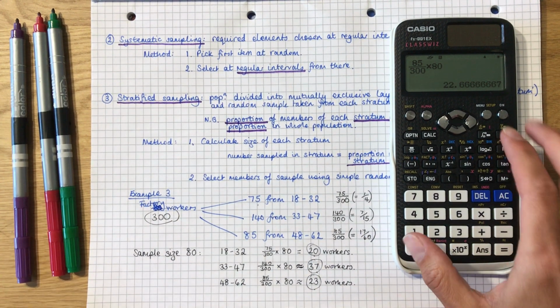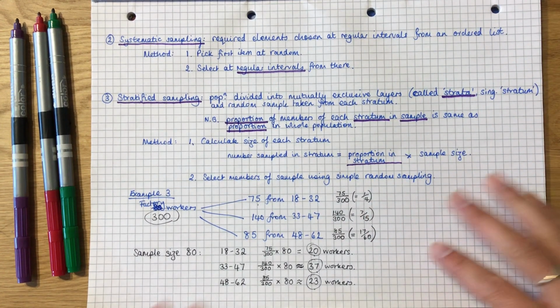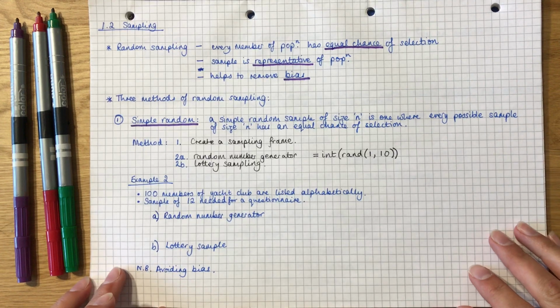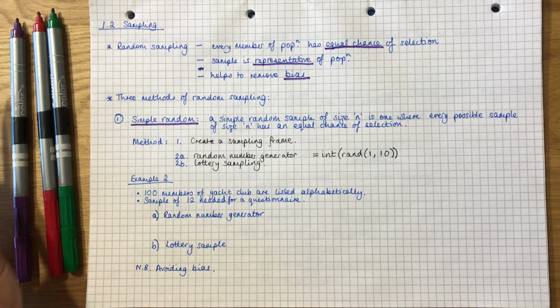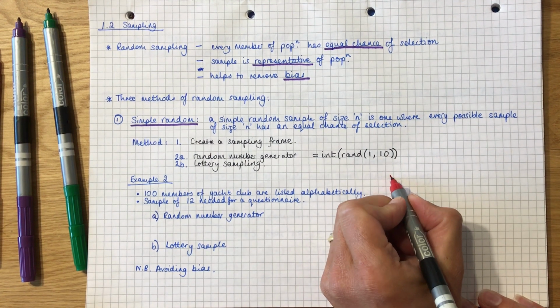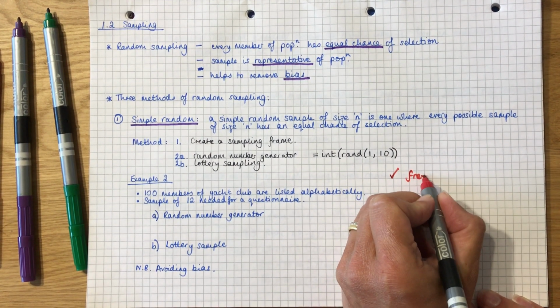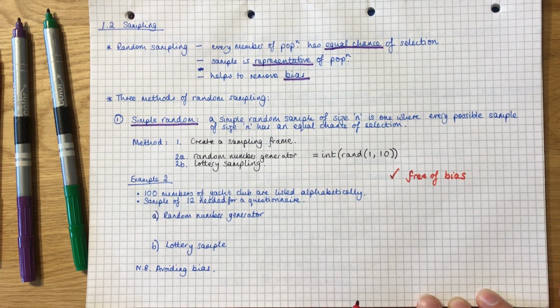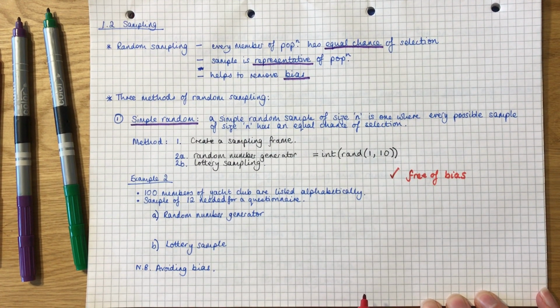Now, each of these three methods of random sampling has its advantages and its disadvantages. So let's go back to simple random sampling first. The advantages, we've already mentioned one of them. We've said that it's free of bias. Everybody's got a completely equal chance of being selected, completely free of bias.